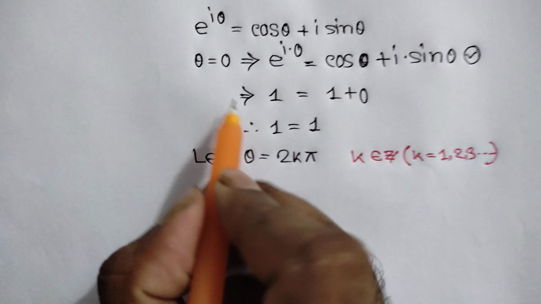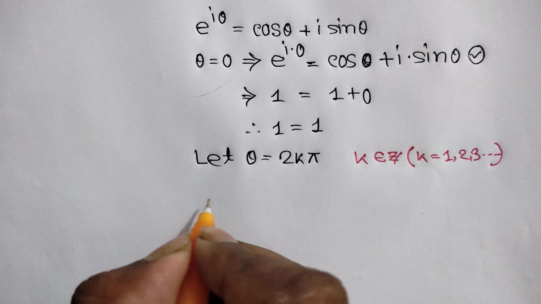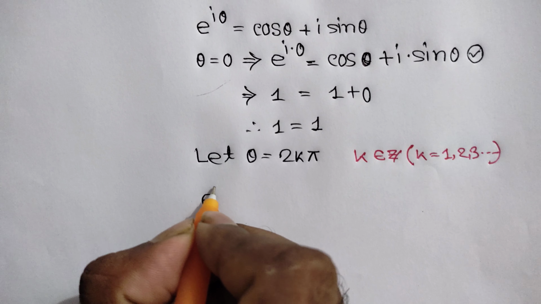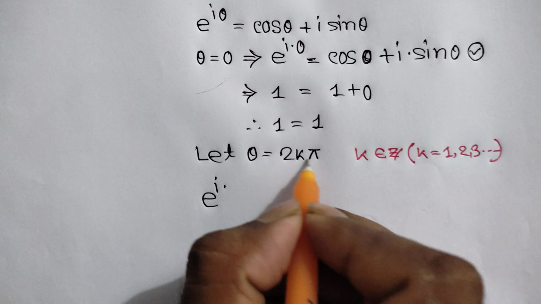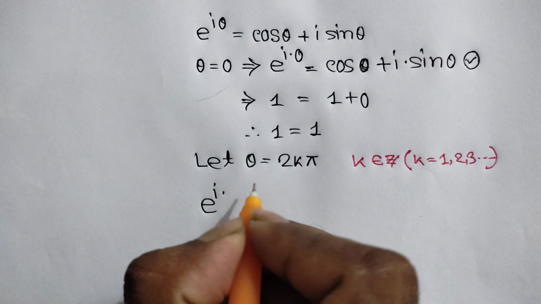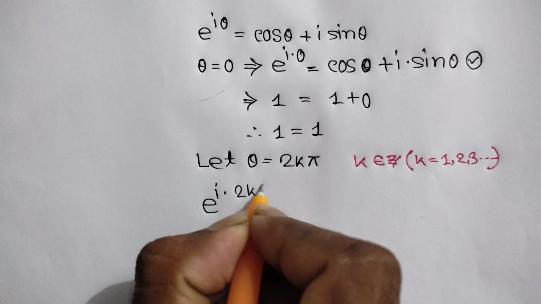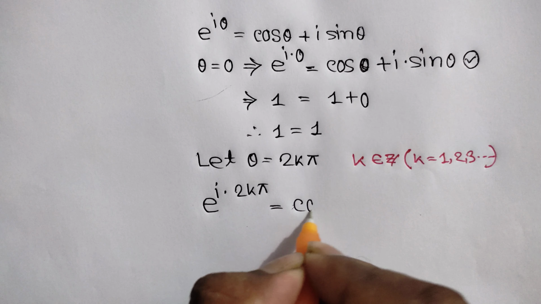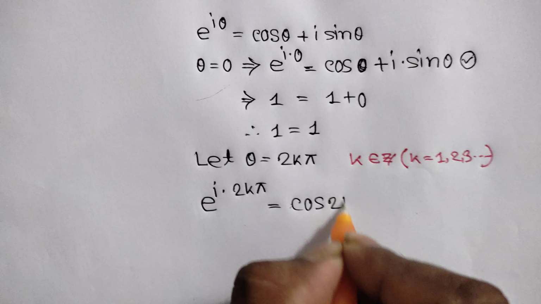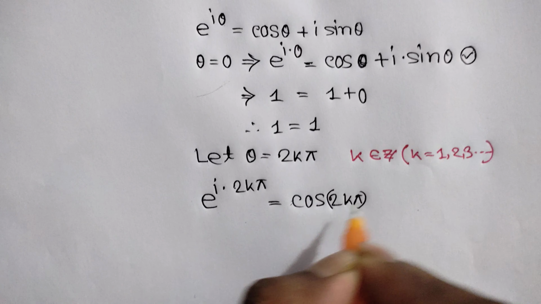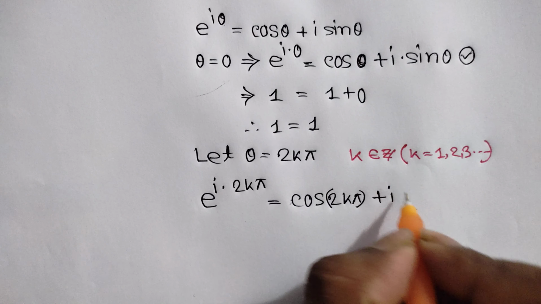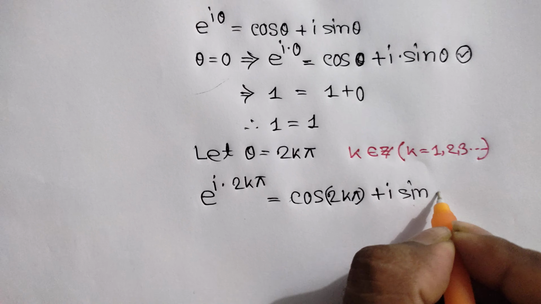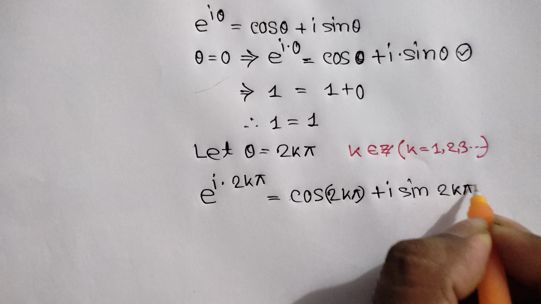So we can write here e to the power i times theta, where theta is equal to 2k pi, is equal to cos 2k pi plus i times sin of 2k pi.